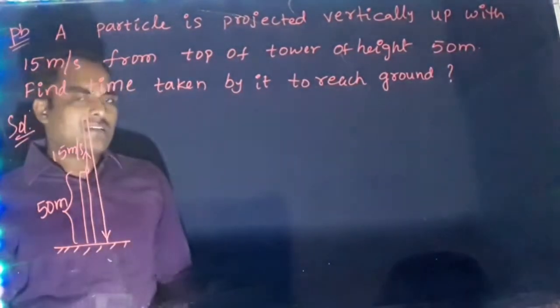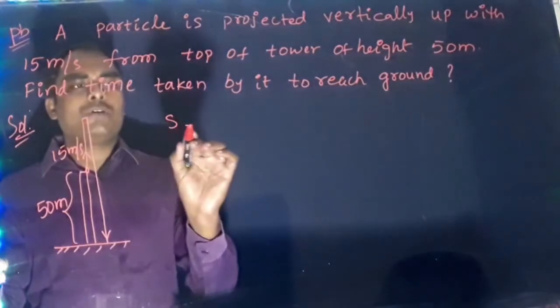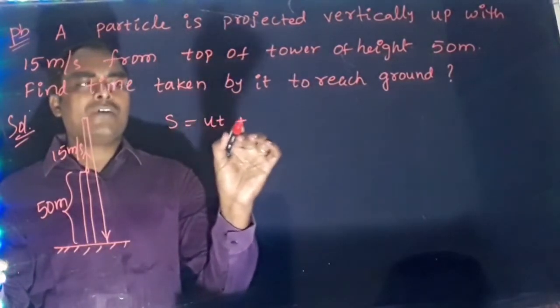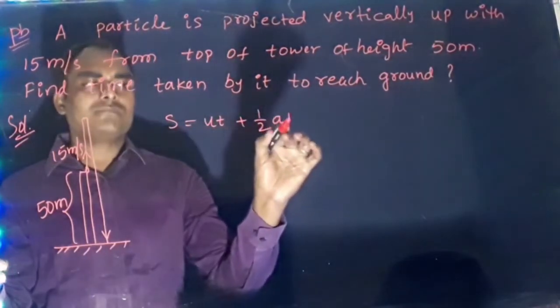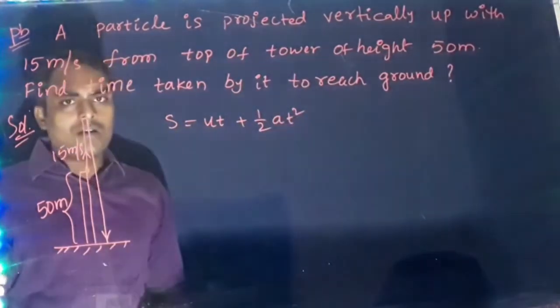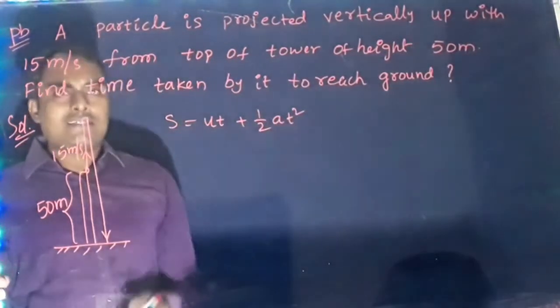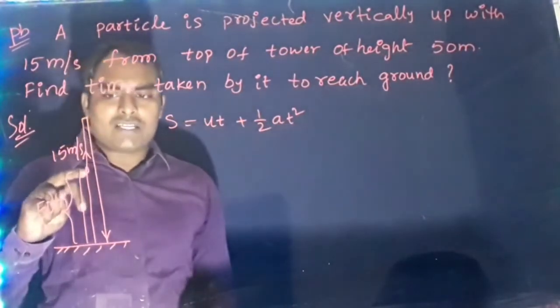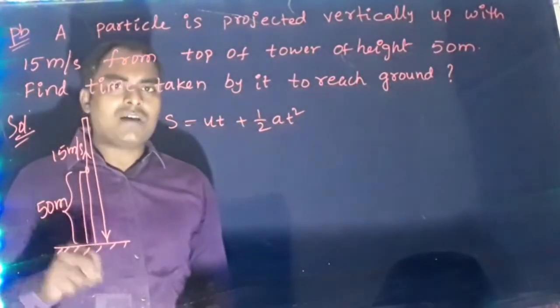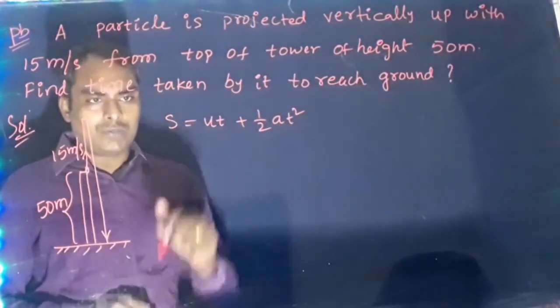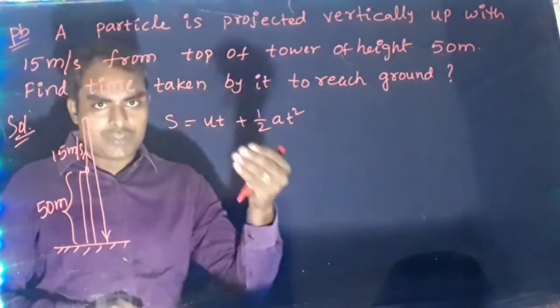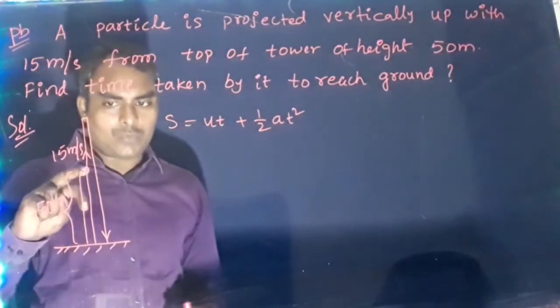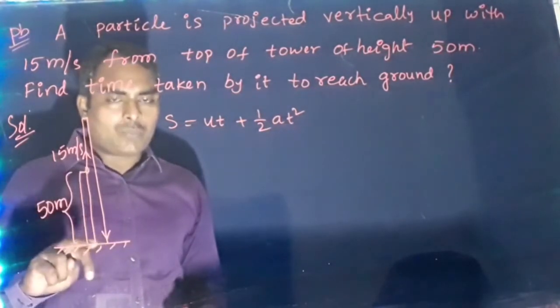So for that, let us use the simple formula S equal to ut plus half at square. S is displacement. So top of the tower is the initial point and ground is the final point. So displacement is shortest distance from initial to final. So initial point is top of the tower, final point is ground.